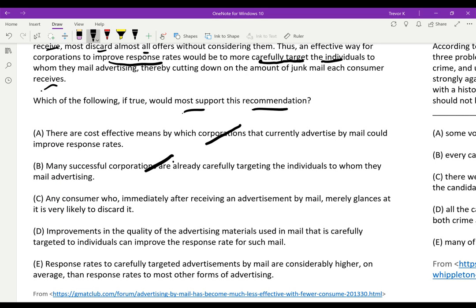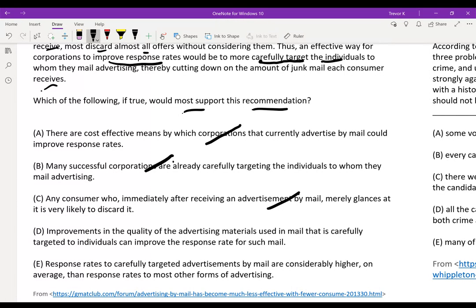C, any consumer who immediately after receiving an advertisement by mail merely glances at it is very likely to discard it. This is tempting, but it doesn't really say anything about response rates, right? And also, I don't know if carefully targeting is going to affect them merely glancing at it or not.